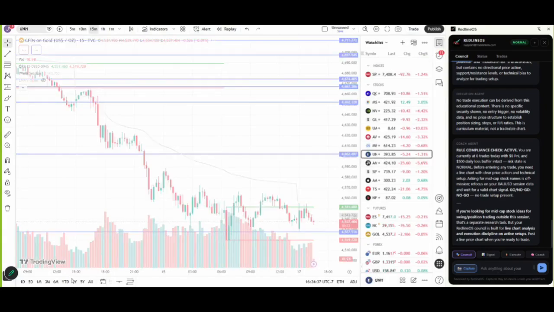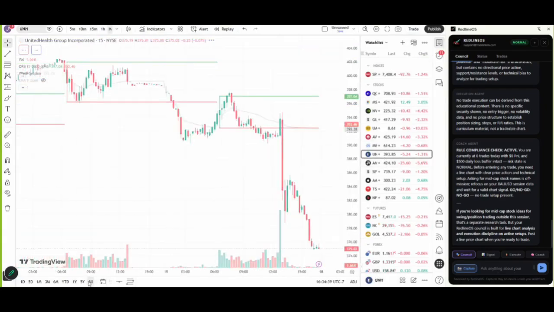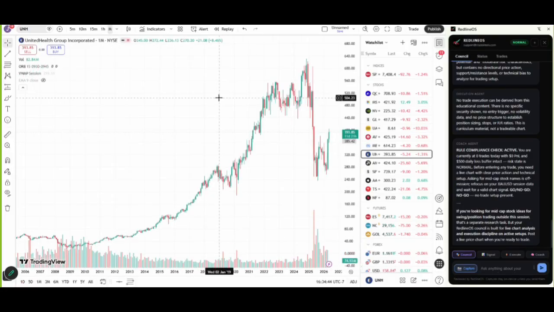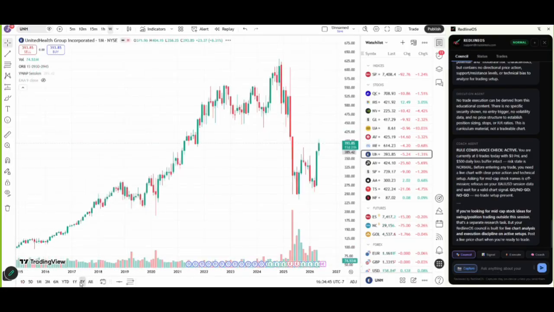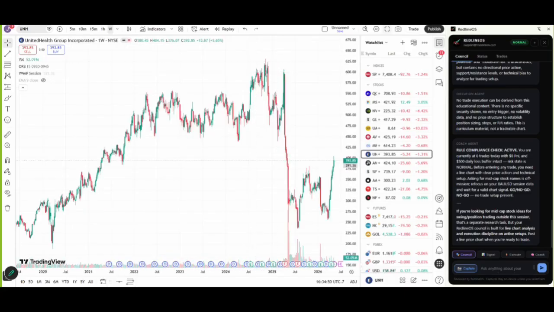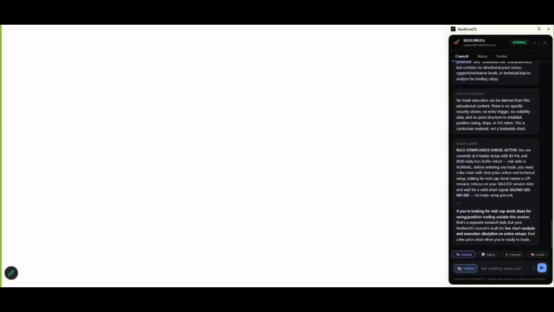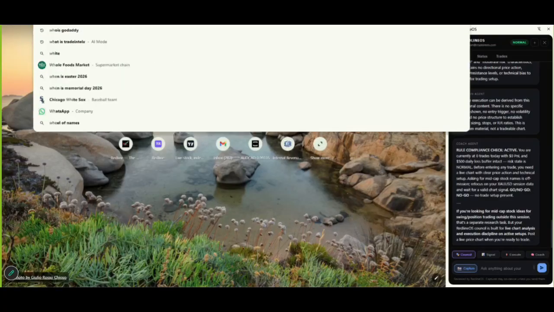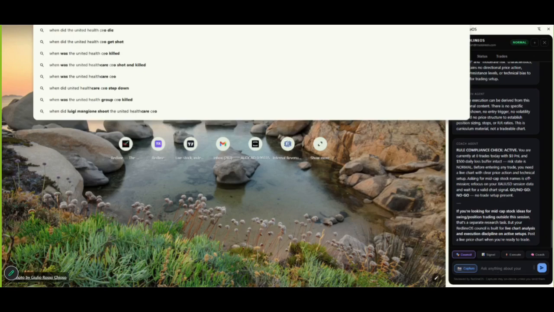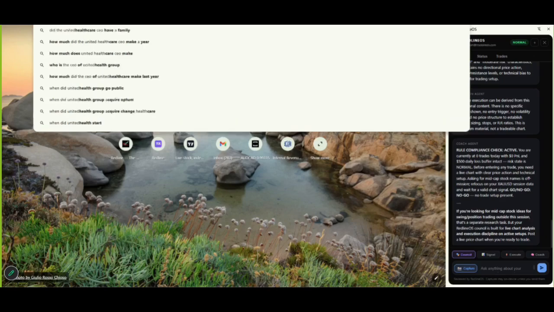So if we're looking at United Healthcare and what really happened, let's look at the 5-year chart and do a little bit of research here. When did the United Healthcare CEO get assassinated?